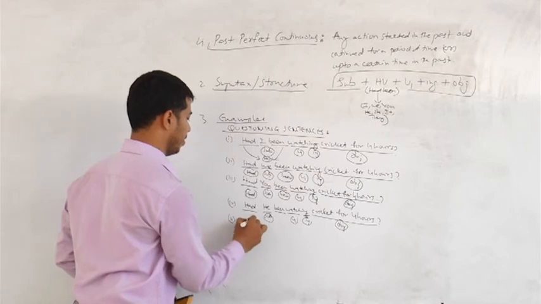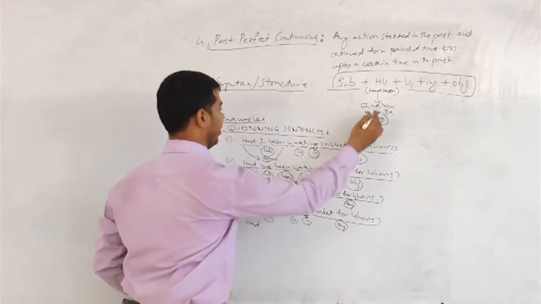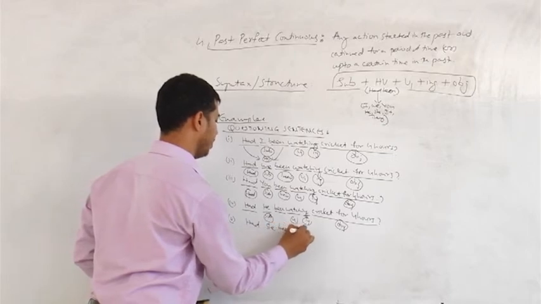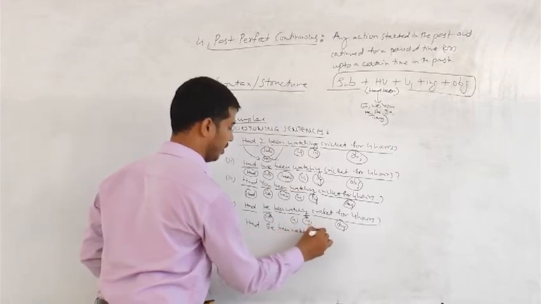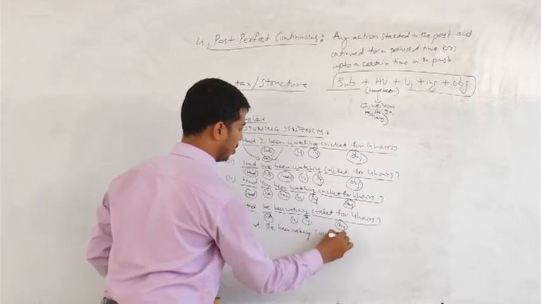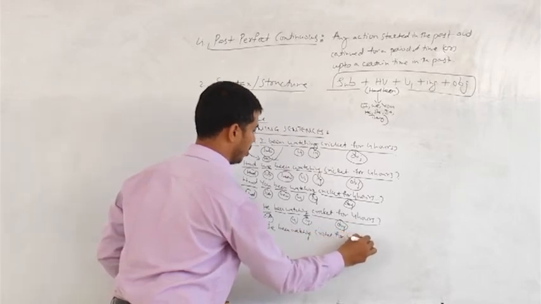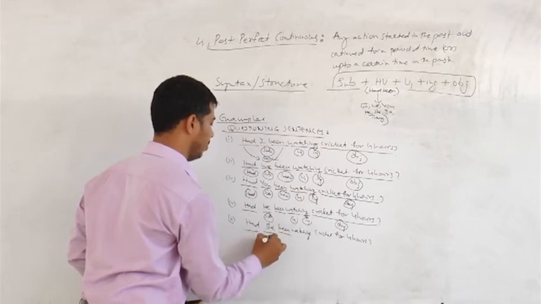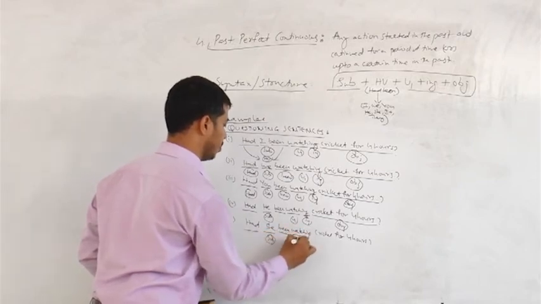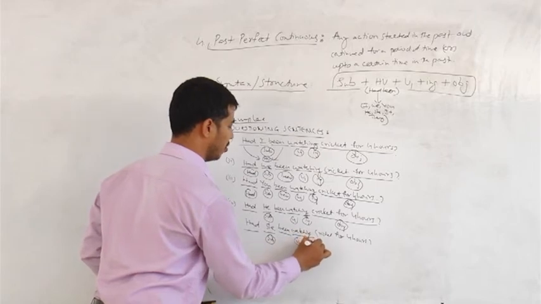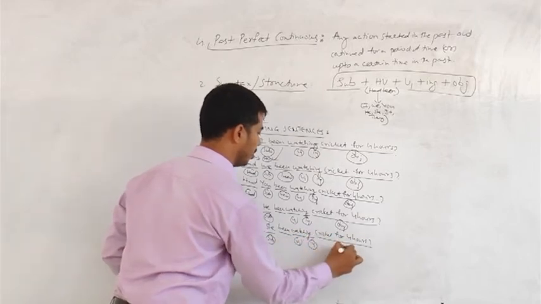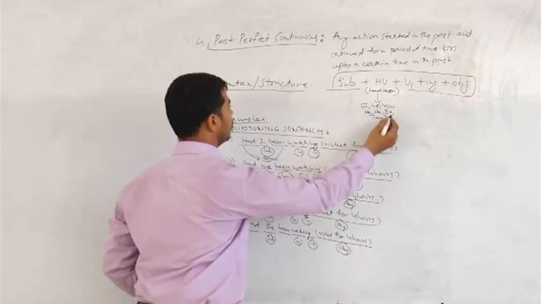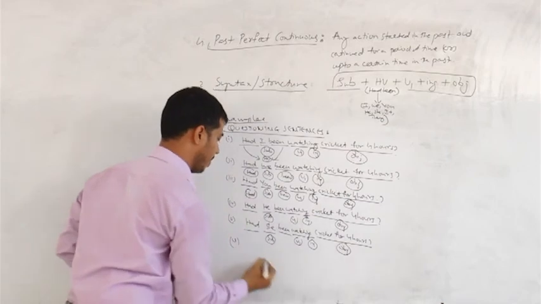Now let us go with she. Had she been watching cricket for 4 hours? Had and been are nothing but helping verbs. She is the subject. Watch is V1, ing. Cricket for 4 hours is what? Object. Once again I am skipping the repetition as there is no meaning to it. I am going with they.